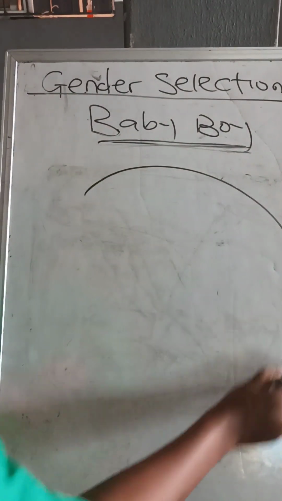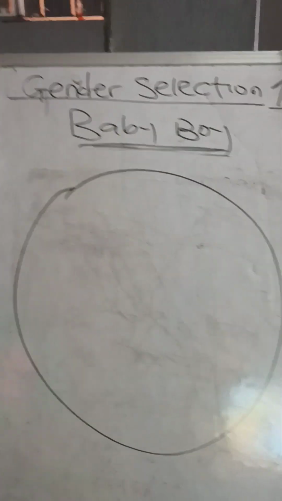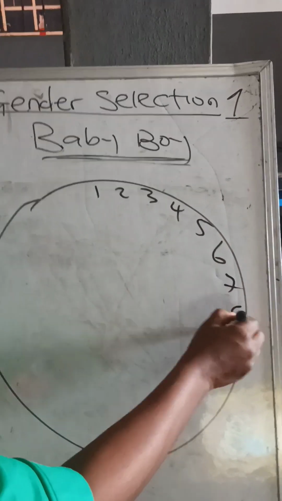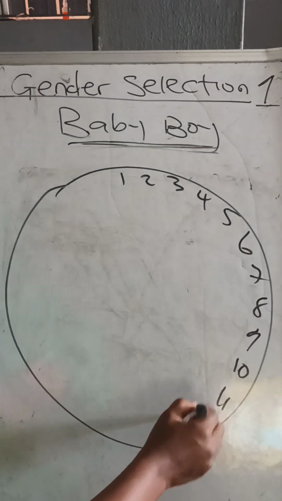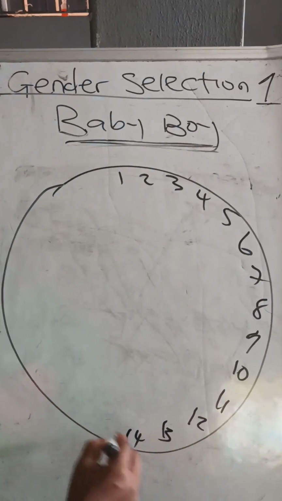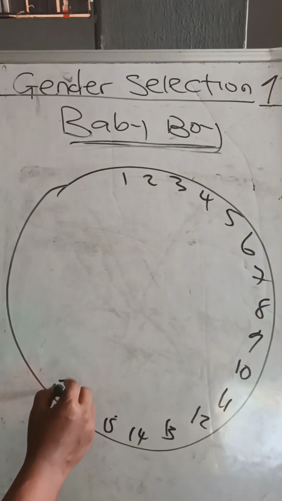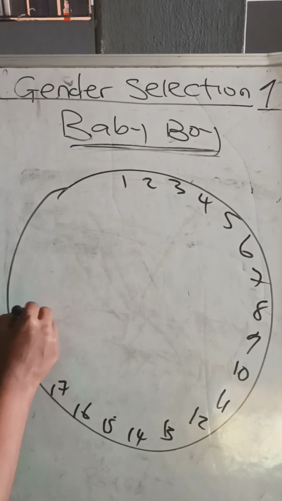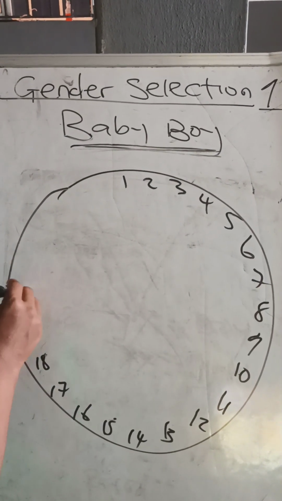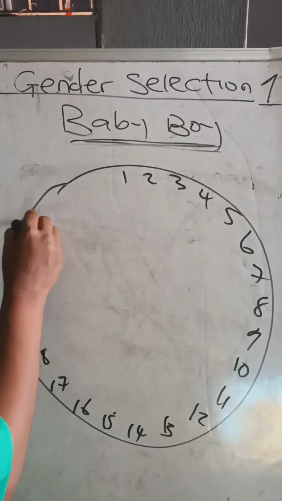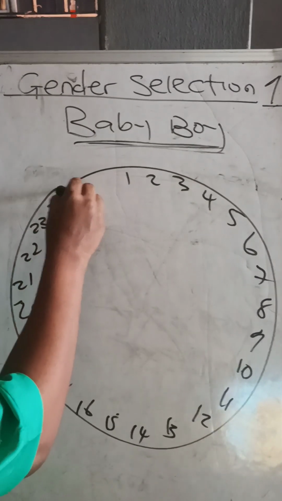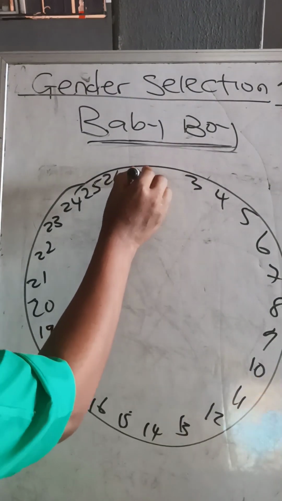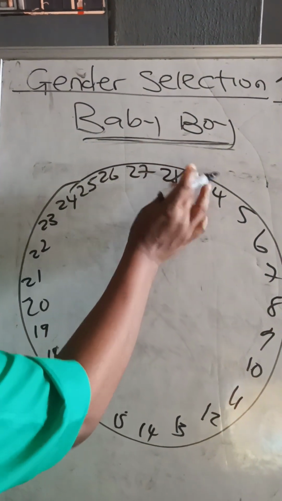Let's draw a chart of someone's menstrual cycle. Okay, 1, 2, 3, 4, 5, 6, 7, 8, 9, 10, 11, 12. I'm trying to draw a chart of someone with a 20 or 30 day cycle. 21, 22, 23, 24, 25, 26, 27, 28.